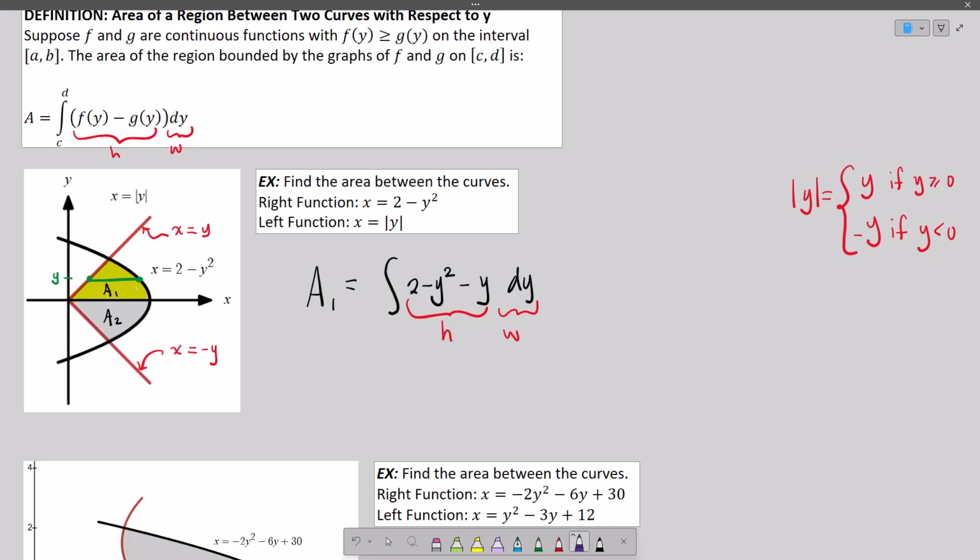Limits of integration. We want to know what that y coordinate is right there. We want to know where those two functions intersect, so we set them equal to each other. So we set the red, which is y, equal to the black, which is 2 minus y squared.